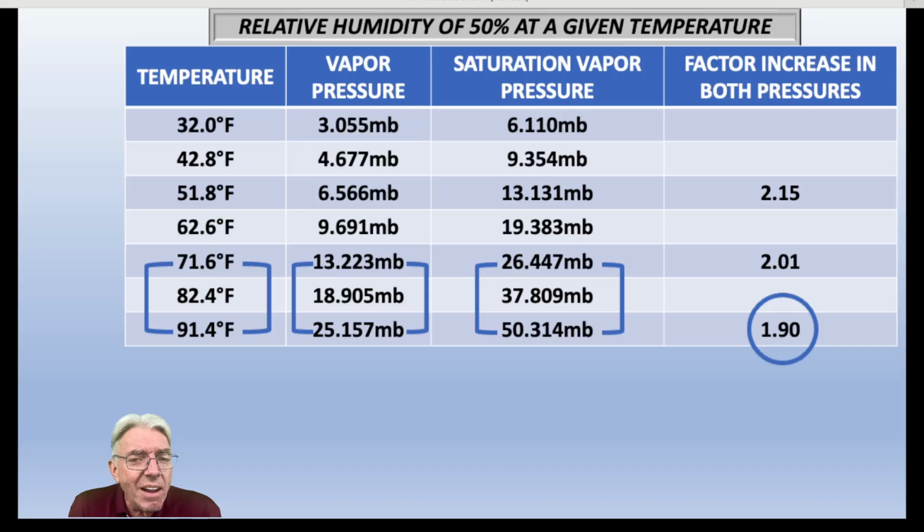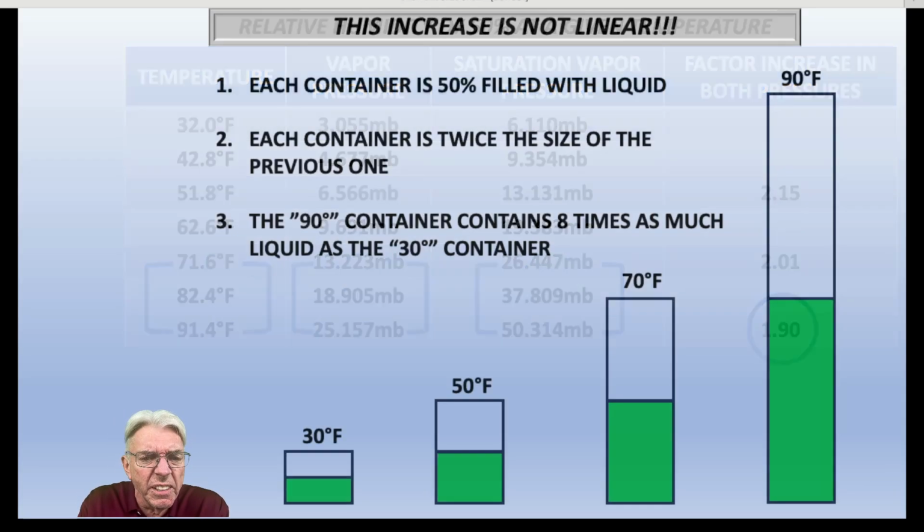So if you average all of that out, for about every 20-degree Fahrenheit increase, we are doubling both the saturation vapor pressure and the vapor pressure. And that's for a relative humidity of 50%. But you could do it for any relative humidity level; the bottom line is those numbers are doubling every time you go up 20 degrees.